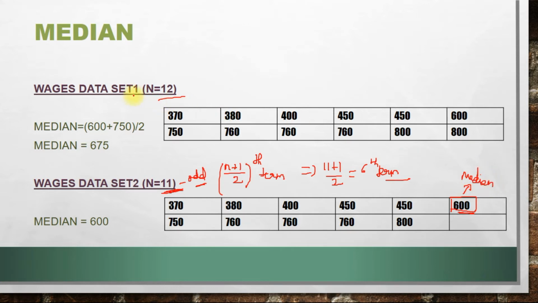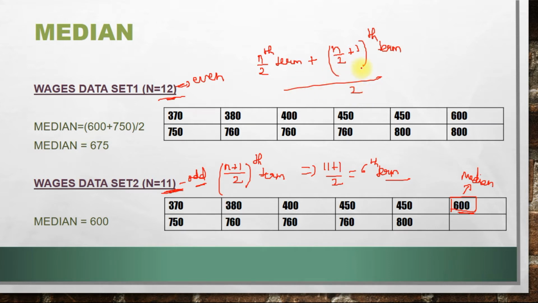But in the first data set we have 12 observations. So 12 means an even number of observations. In the case of an even number of observations, the formula is the n by 2th term plus the n by 2 plus 1th term, divided by 2.